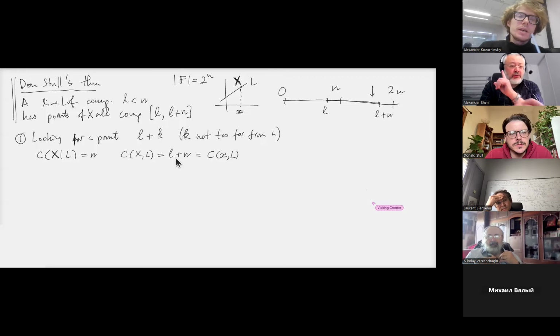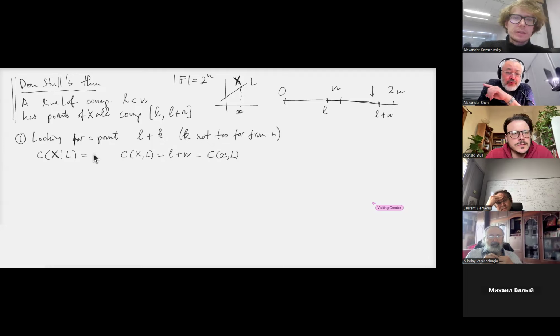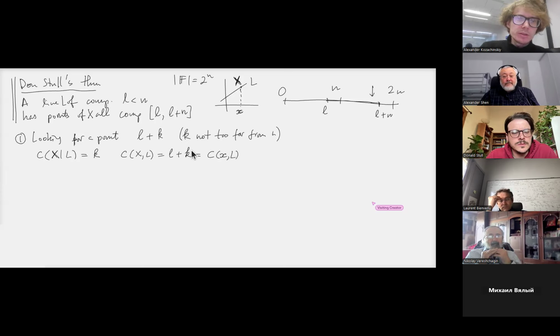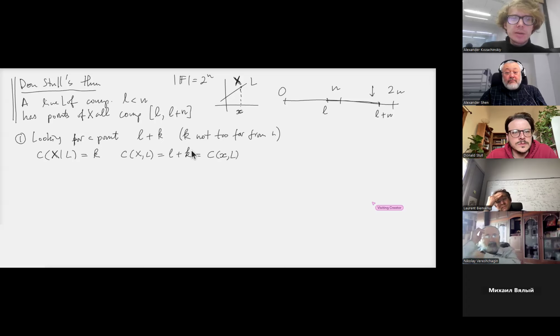By the way, sorry, it's not what we want really. We want to find a point of complexity L plus k. So let's take a point of conditional complexity k. Just to understand the previous argument, was there any reason really to consider this coordinate? Why couldn't we just start with the point that has maximal complexity on a line given L?